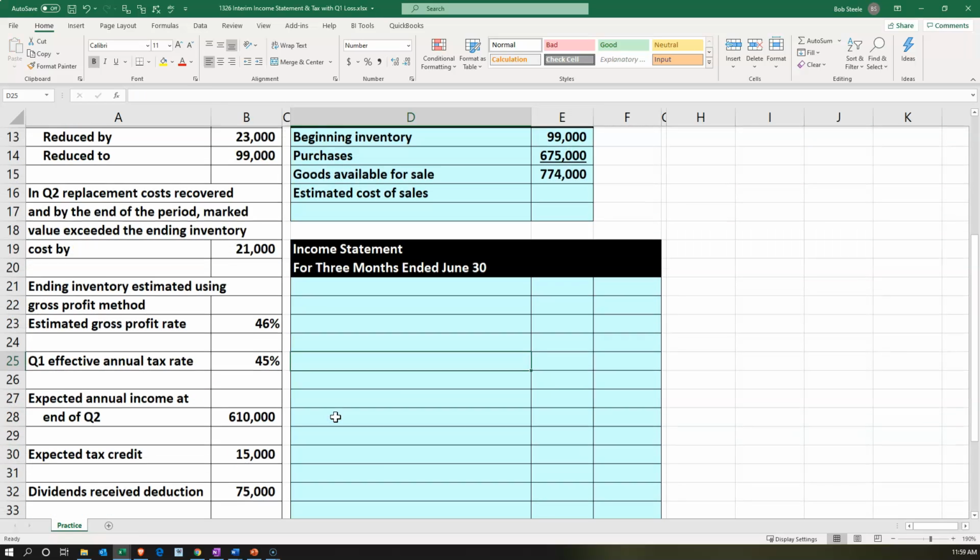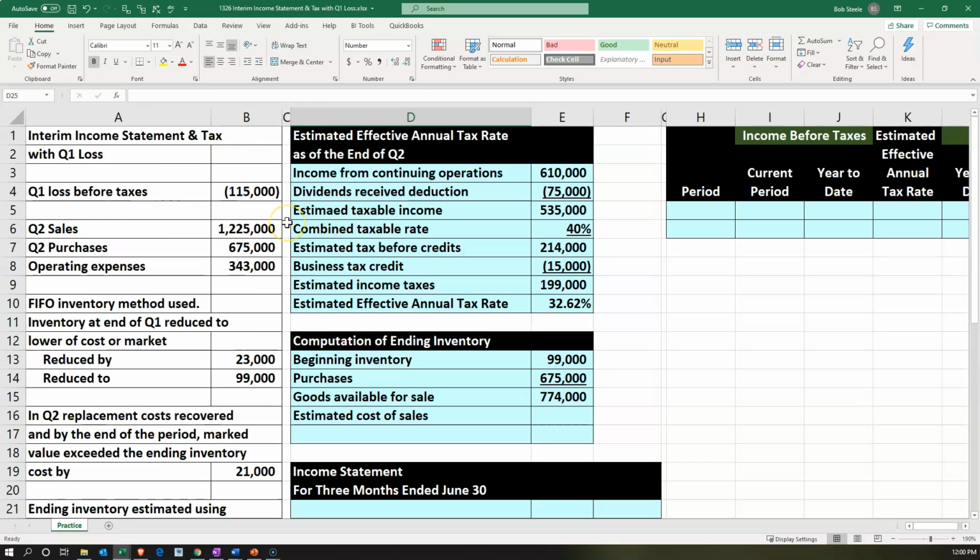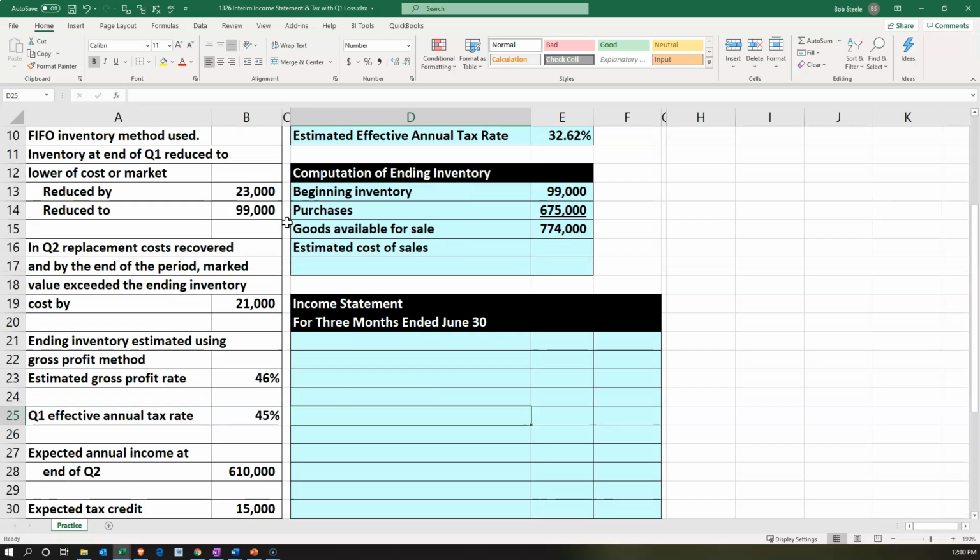So the rate is going to be down here. We got the estimated gross profit rate. Now we're looking here at the estimated cost of goods sold. So we're going to take 1 minus that rate. So we're going to take the sales, the 1,225,000 for quarter 2, times 1 minus that rate.